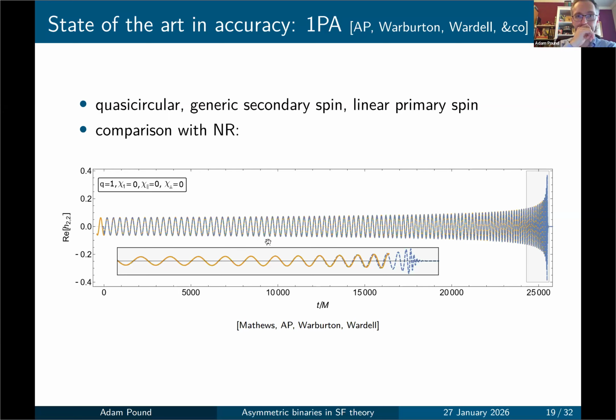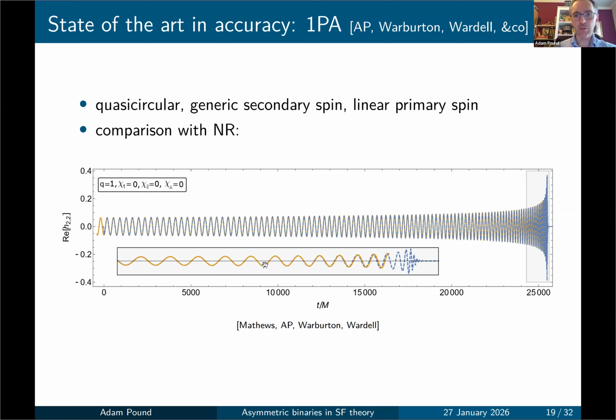Now here's what you get when you compare against numerical relativity. As I said, the motivation for developing all of this came from EMRIs. But once you've got the models, you want to compare against existing waveforms, and the best things you can compare against are numerical relativity simulations. But those are only available for comparable mass ratios. So here we're picking the most extreme case: equal mass. In blue is the numerical relativity simulation, an SXS simulation, for non-spinning primary and non-spinning secondary, so a special case.